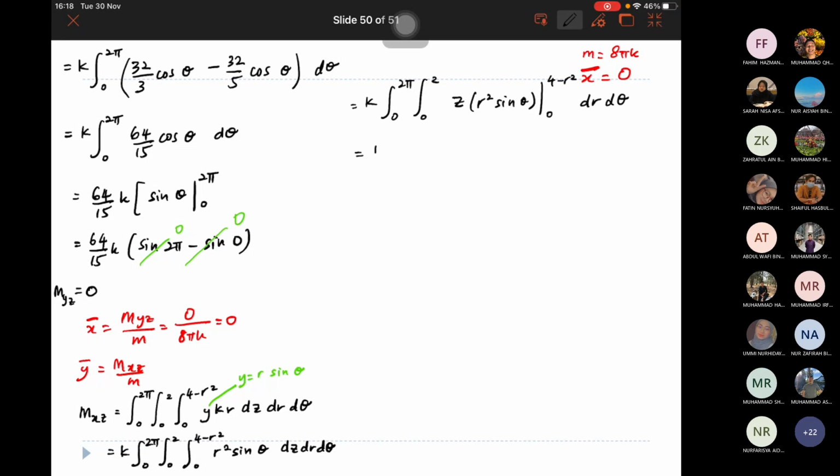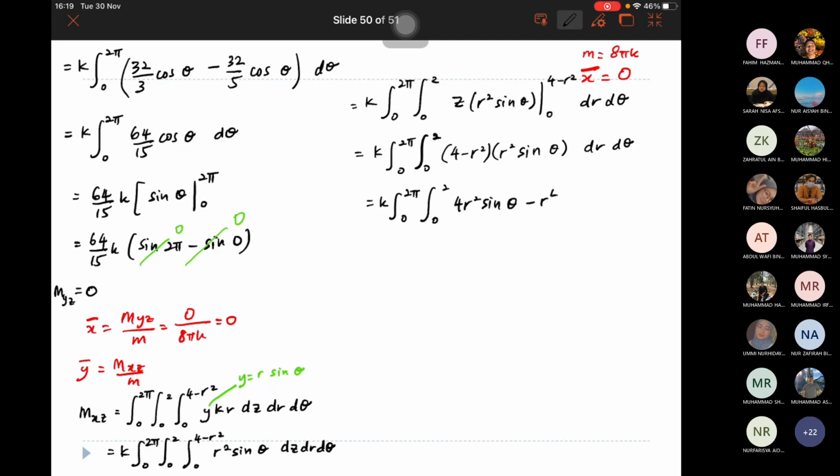So, dia akan jadi sama dengan K kosong sampai 2 pi, kosong sampai 2, 4 tolak R squared, R squared sin theta. dr d theta. Okay. K integrate kosong sampai 2 pi, kosong sampai 2, 4 R squared sin theta tolak R kuasa 4 sin theta. Okay. dr d theta. K kosong sampai 2 pi.